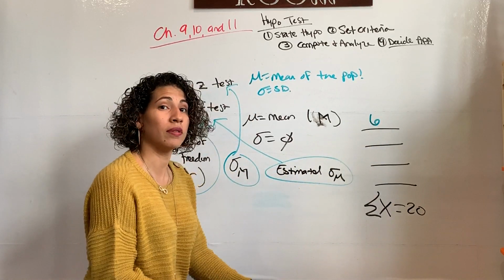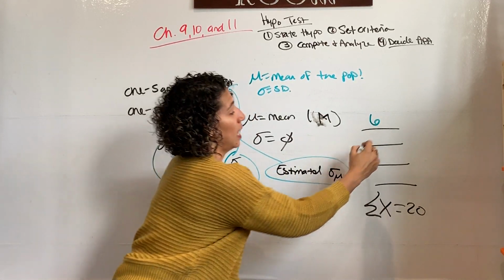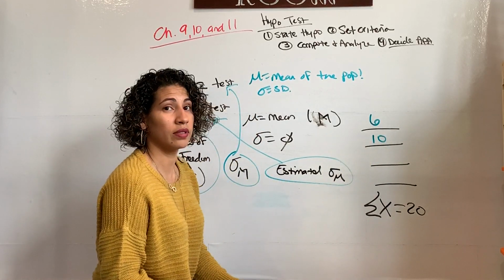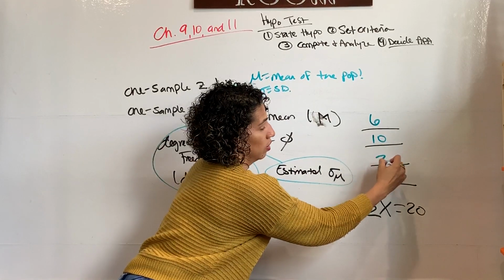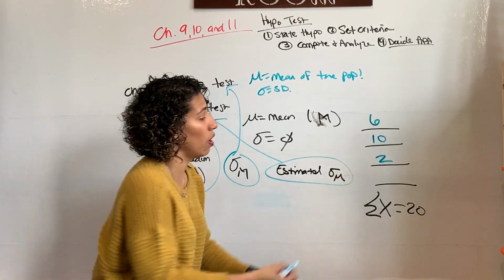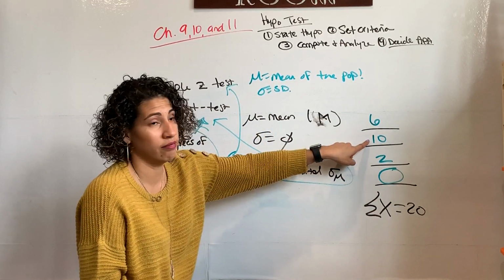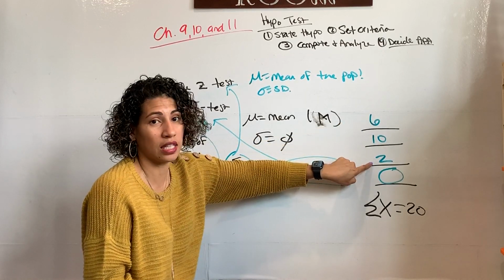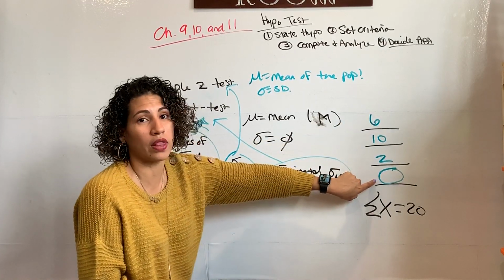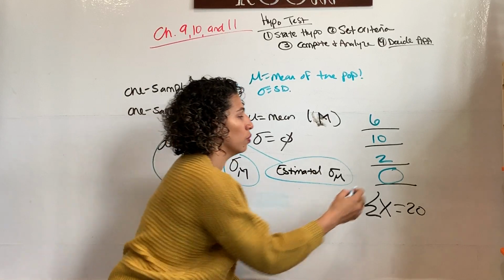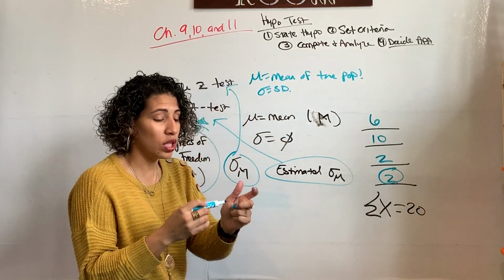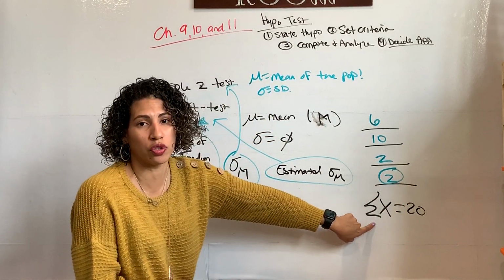Give me another one. 10. One last one. 2. Okay, great. Does anyone know what this last number is? 10, 16, 17, 18. What is the only number that this one could be? 2. It can only be 2 to make this equation true.